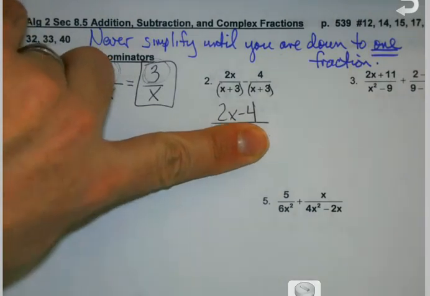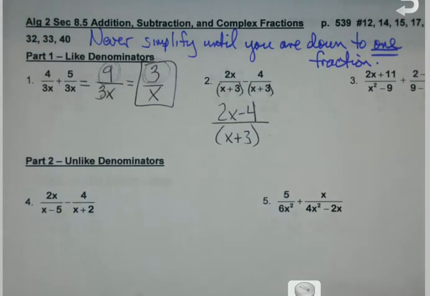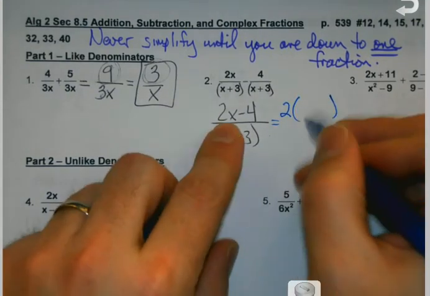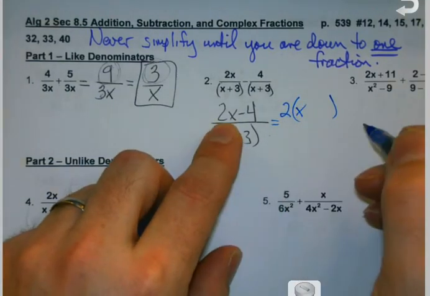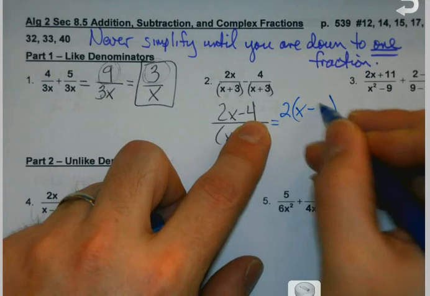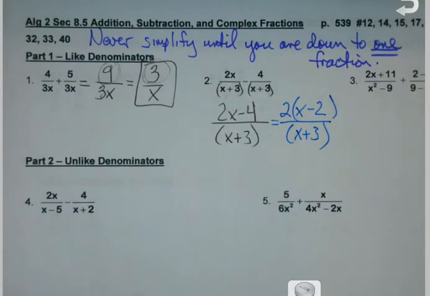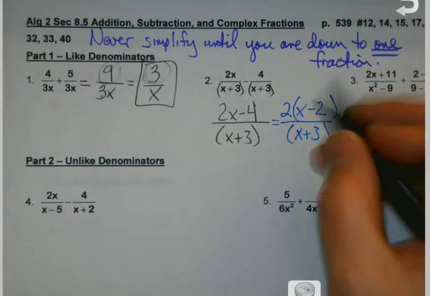Okay, I can take a 2 out of there. Now, in this particular case, I'm going to take my 2 out. So I'd have 2 times x is 2x. 2 times negative 2. You're like, but Harty, that didn't help me at all, because I still can't cancel the x's because, well, these aren't the same.